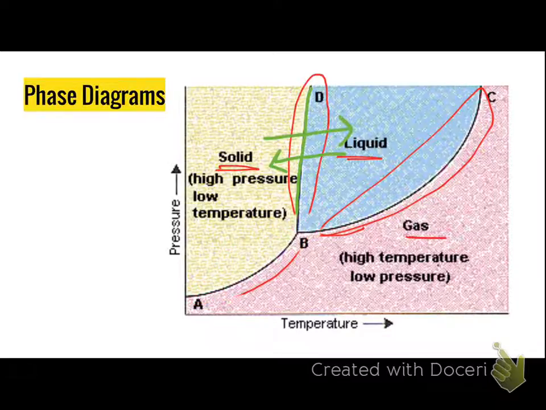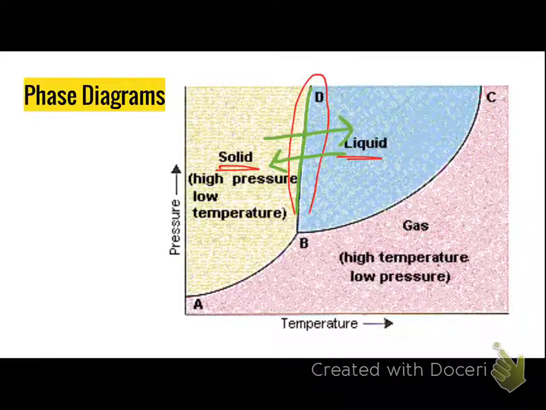The ones that you may not be aware of and you may not even think happens is going from a solid to a gas or from a gas to a solid, because traditionally we think of when we go from one phase to the next, it's going solid, liquid to gas, gas, liquid to solid.